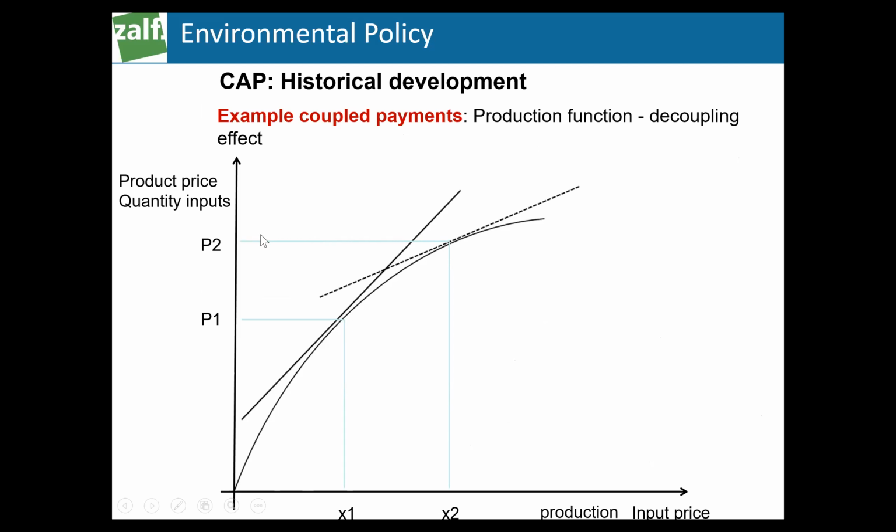If we reduce a certain intervention price, a high price where farmers produce more, that means they do it because they realize a higher price. And the higher price also has to come with higher inputs. That means this is a production function here. The product price and the quantity of inputs are reciprocal.